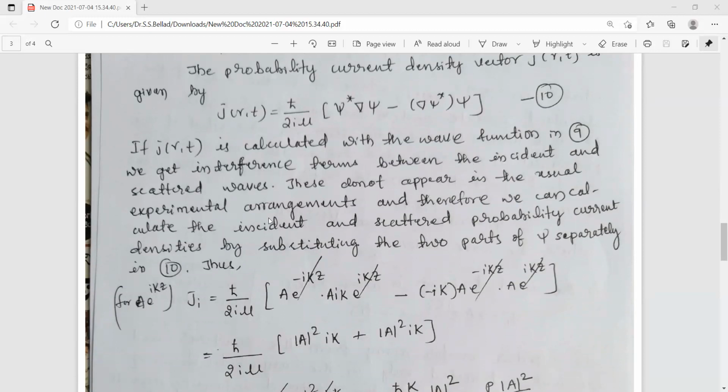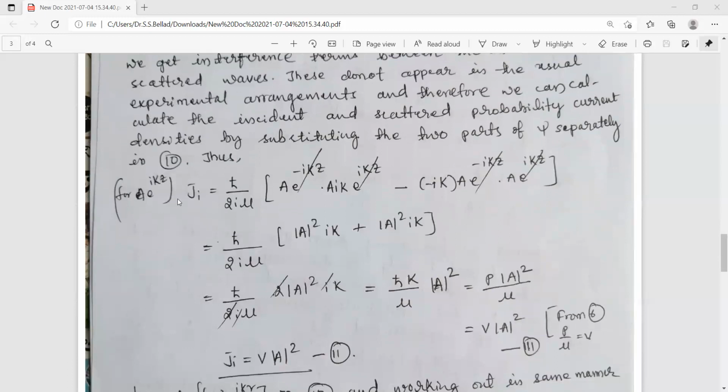These do not appear in the usual experimental arrangement because care is taken so that there is no interference between the incoming waves and the scattered waves. And therefore, we can calculate the incident and scattered probability current densities by substituting the two parts of this psi, that means equation 9, separately into equation 10.